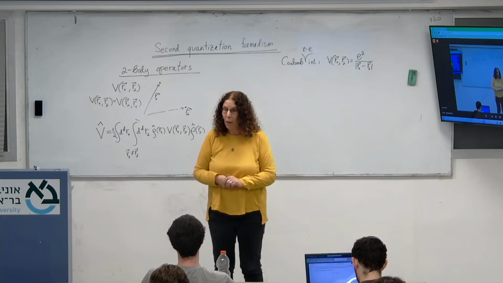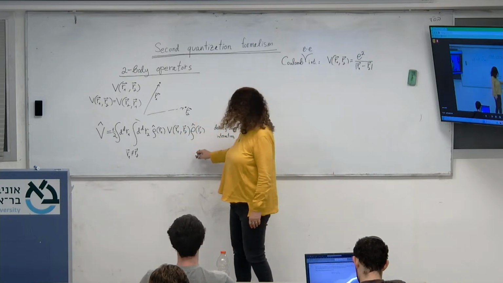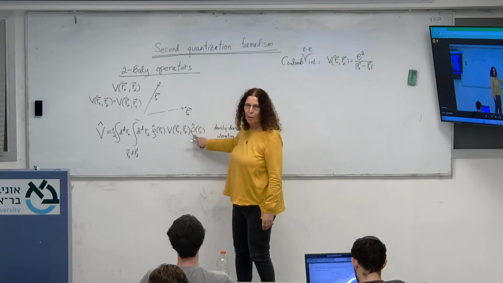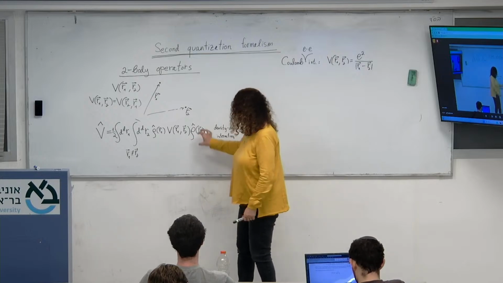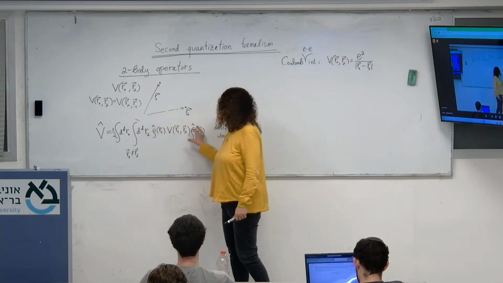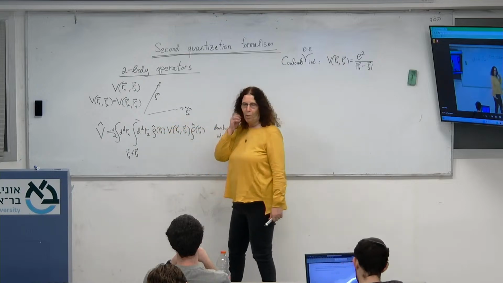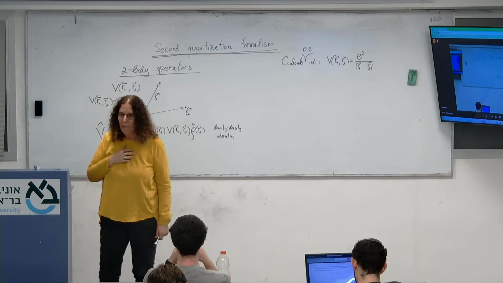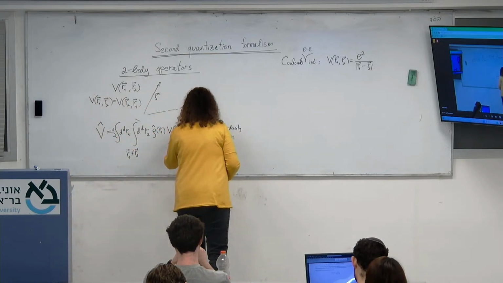But it still has the same form of a one-body operator. Remember, rho was a one-body operator, and so is the spin. So it's some one-body operator times another one-body operator, and you sum over some quantum number. In this case, it's the location or the coordinate. That's how it looks in real space.